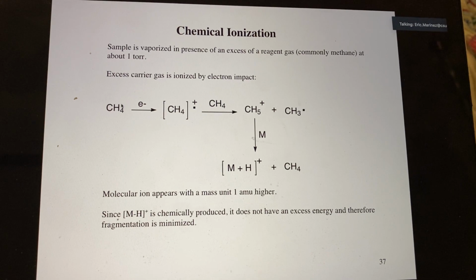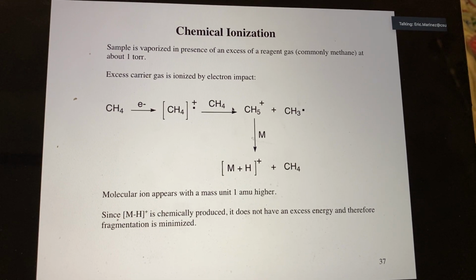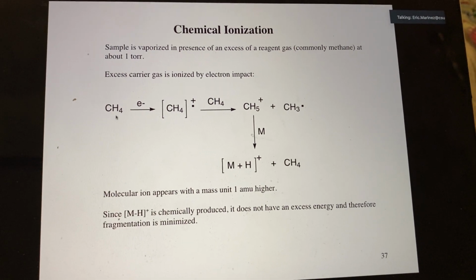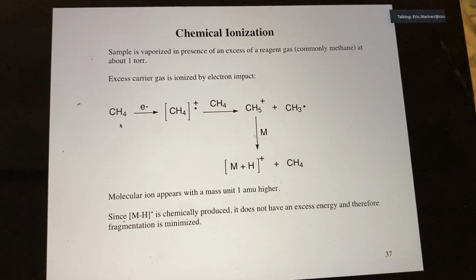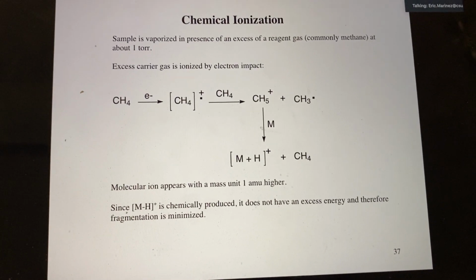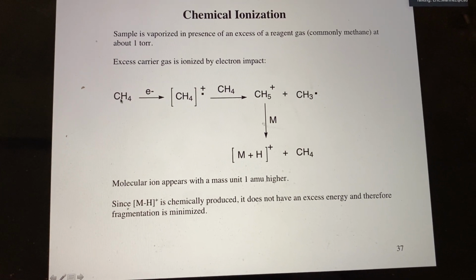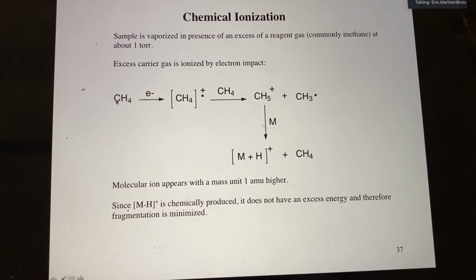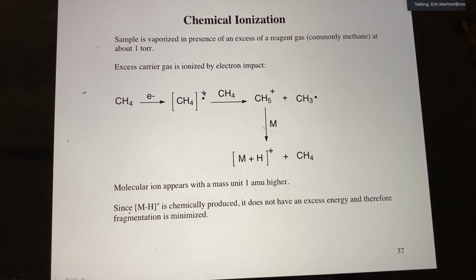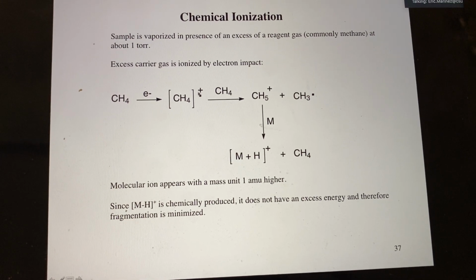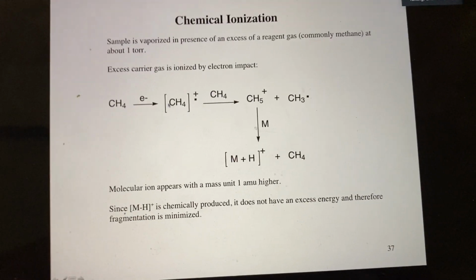And what one often does is use a carrier gas. The carrier gases can be different. In this example, I'm showing methane as a carrier gas. So we would take our compound, add methane to it, and use a methane stream to push it through. What happens with methane here is it gets ionized to the CH4 radical cation, where I lose an electron.